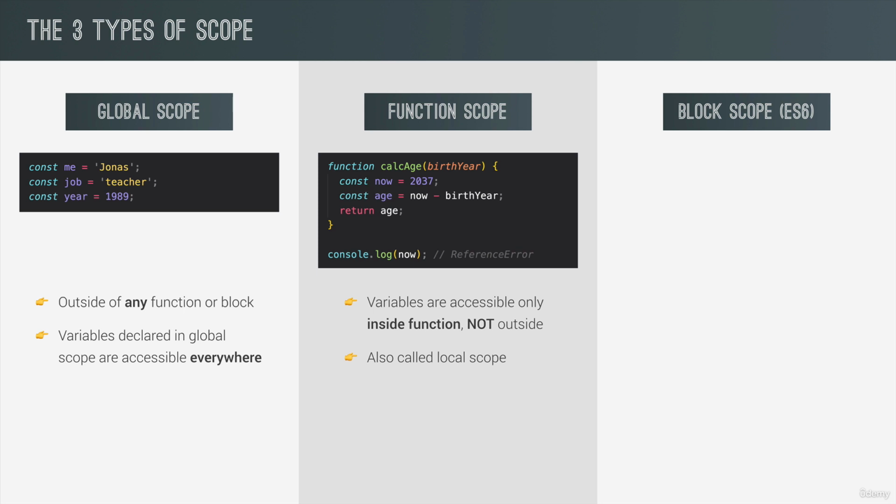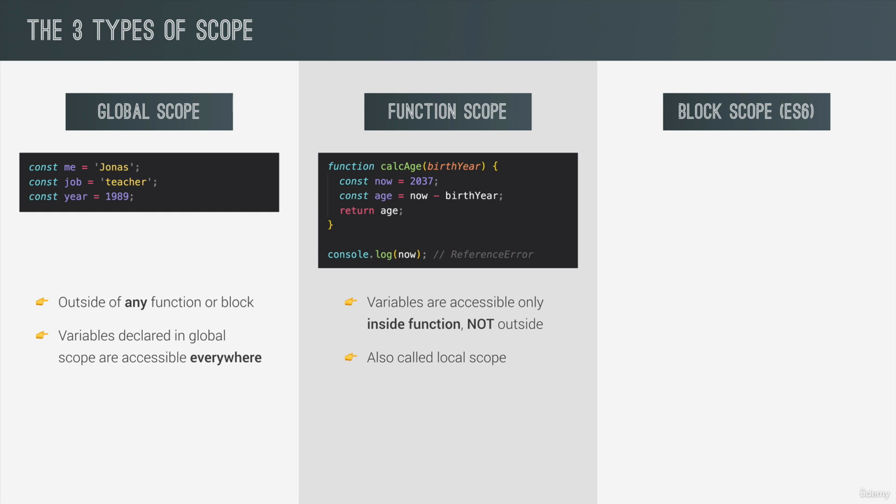But of course, they were in the function scope, and so they were locally scoped, and so we couldn't access them outside of that function where they were declared. And here it actually does not matter what kind of function we're using. So function declarations, function expressions, and arrow functions all create their own scope.